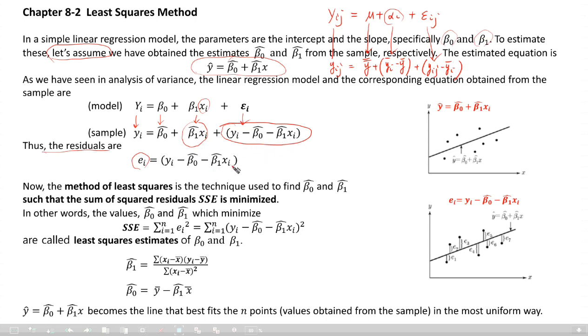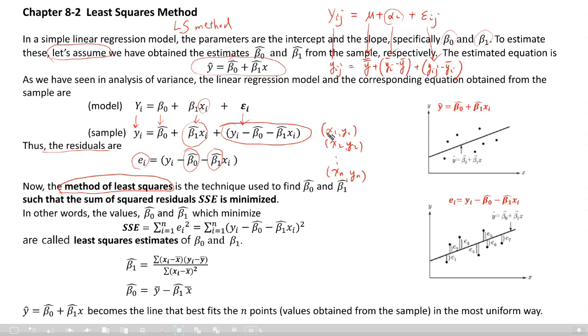The method of least squares is a very famous terminology. Briefly, the LS method. It is the technique used to find beta 0 hat and beta 1 hat. These are what we want to get from the sample, say x1, y1, x2, y2, ..., xn, yn. These are the sample in this case, paired data.